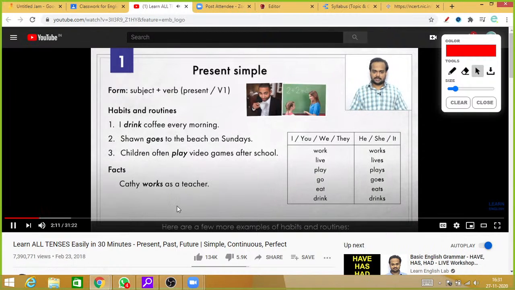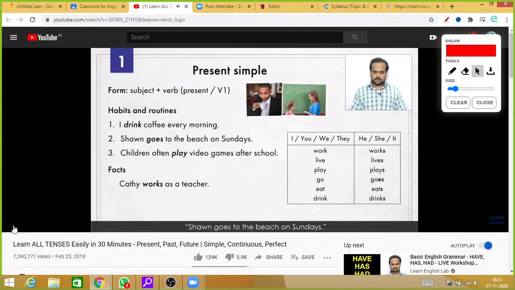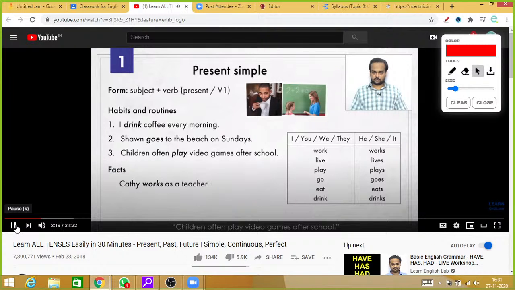Here are a few more examples of habits and routines. Sean goes to the beach on Sundays. Children often play video games after school. So another example I could give is, children attend e-tuition after school.